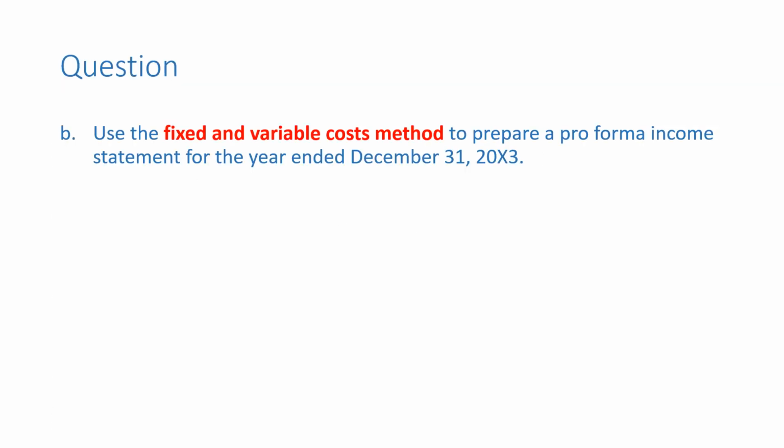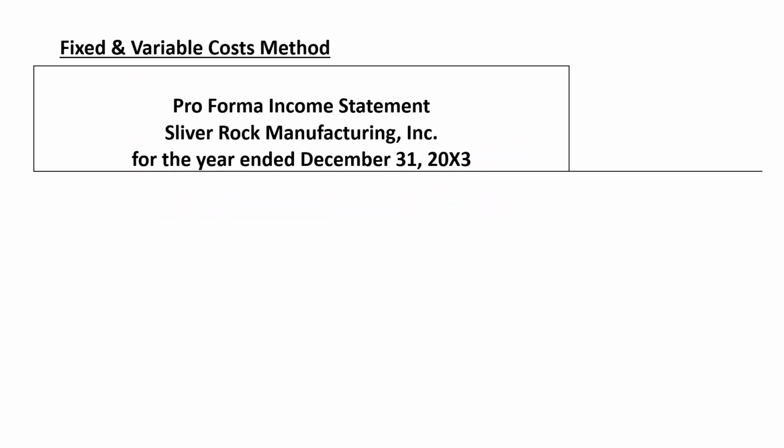Use the fixed and variable cost method to prepare a pro forma income statement for the year ended December 31st, 20X3. Here we look at the second method, the fixed and variable cost method.